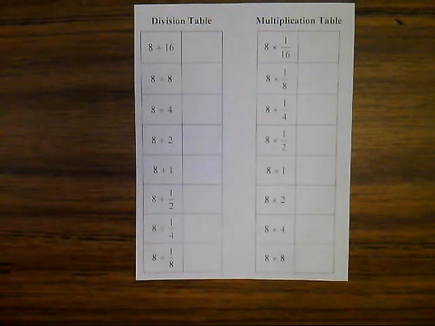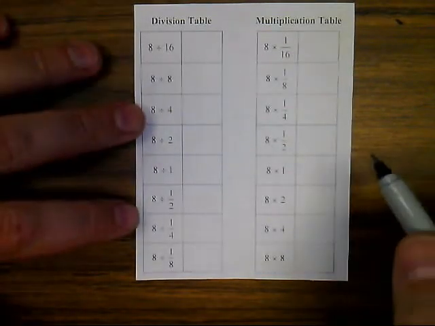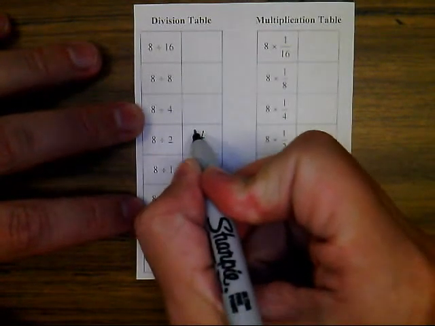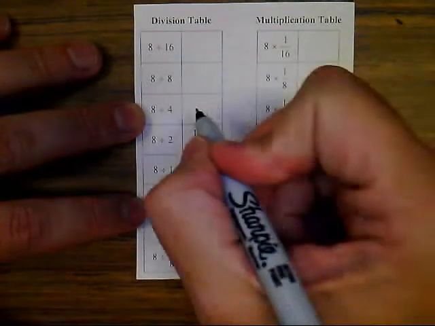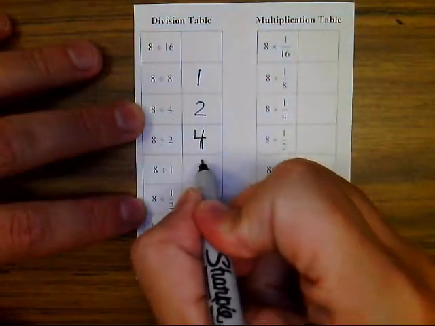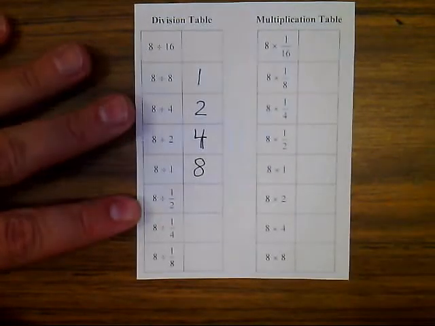So just to start, I'd like to focus on the ones that we know. 8 divided by 2 equals 4, 8 divided by 4 equals 2, 8 divided by 8 equals 1, and 8 divided by 1 equals 8. That part is pretty straightforward.